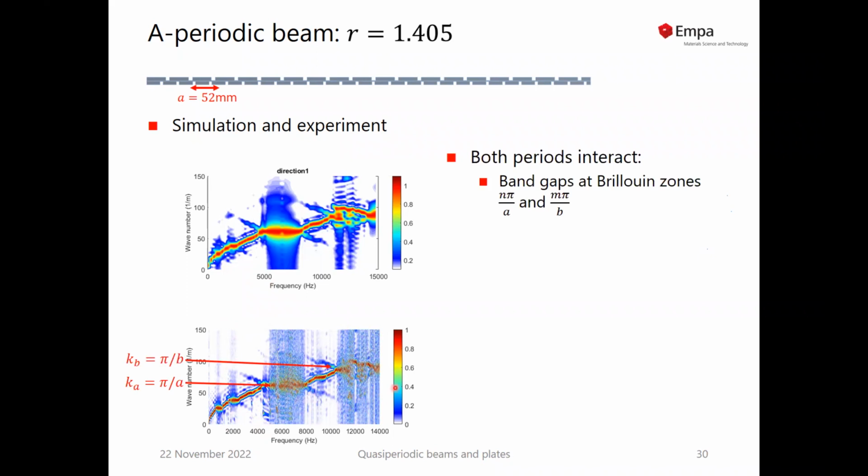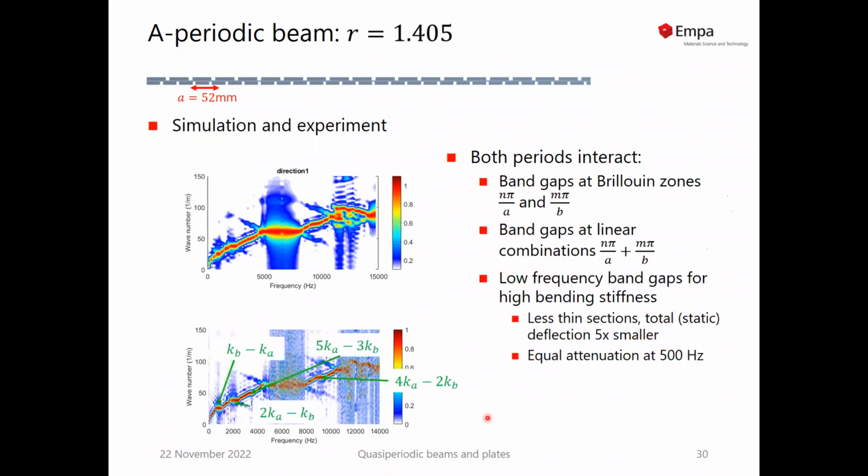Well, if we once again look at the edges of the Brillouin zones, first of the two periodicities, so for A and for B, sorry, the longest period here is 52 millimeters, the shortest is around 3 centimeters. So this is the band gap that agrees with the long period, this with the short period. And where we see the other horizontal parts, those are basically linear combinations of these wave numbers.